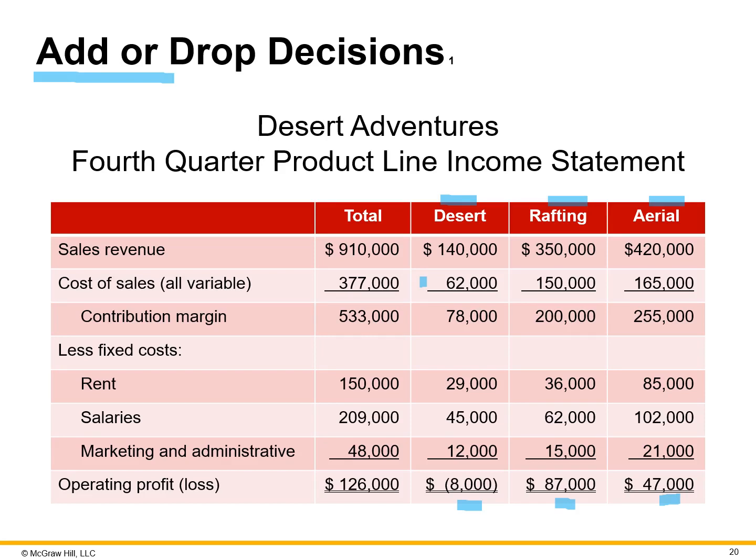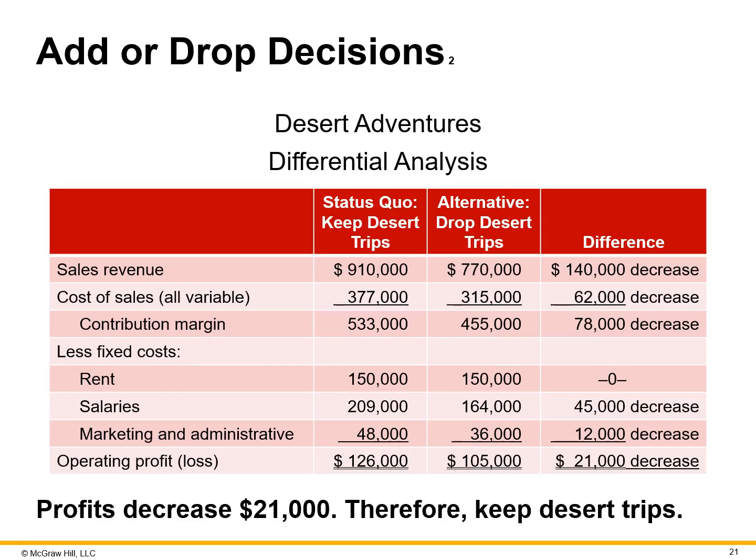So it's not so simple as just looking at the bottom line, negative $8,000 operating loss. So here's the analysis. If we keep the desert trips versus dropping that line, our sales revenue is going to go down, of course, but so will variable costs because those are attached directly to the tours.